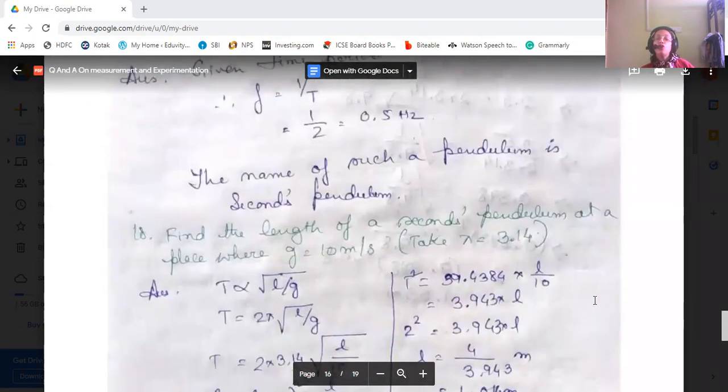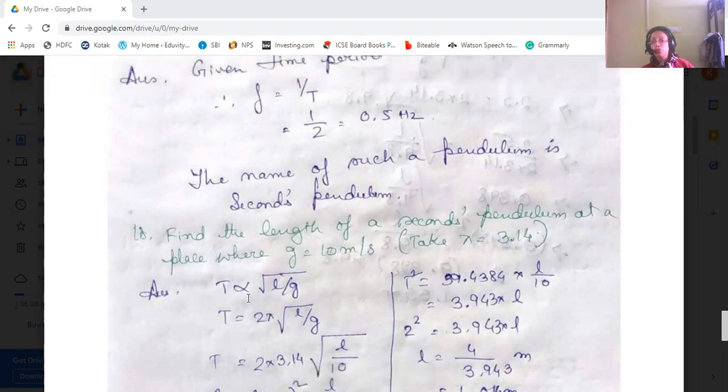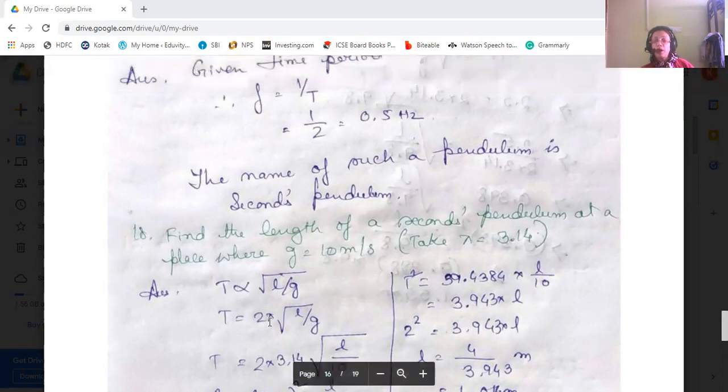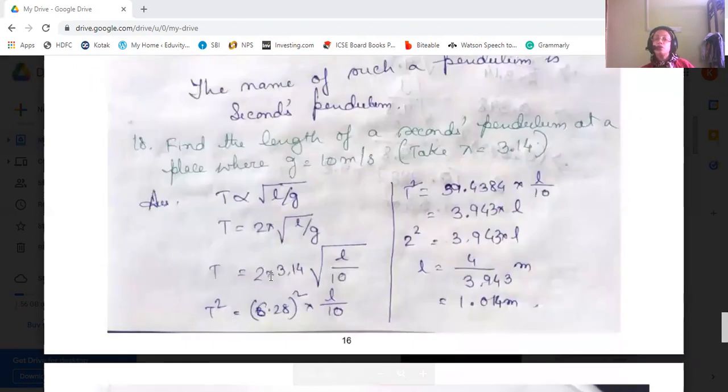Now find the length of the seconds pendulum at a place where g is equal to 10 meter per second squared. Take pi as 3.14. We know time period is proportional to the square root of L by g. The proportionality constant is 2 pi. So T is equal to 2 pi root over L by g. That gives T equal to 2 into 3.14, root over L by 10.